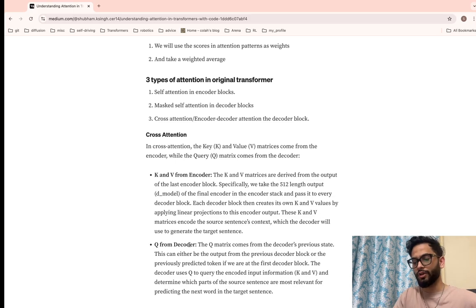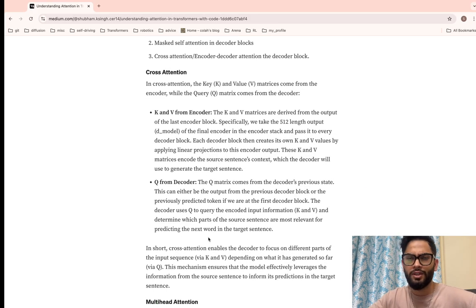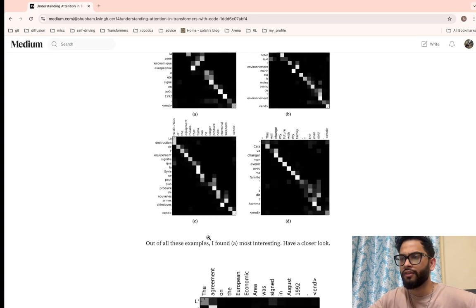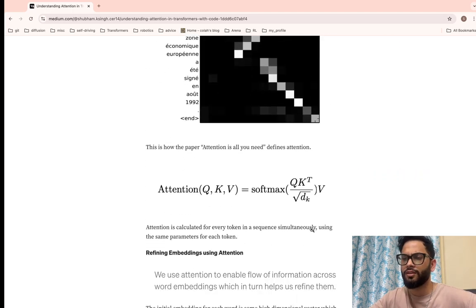I'm translating the word "मैं" and I'll try to search what it relates to in English. Then we'll do the similar process. We'll already have these three vectors in our matrix. We'll do the same process. That is how cross attention works.